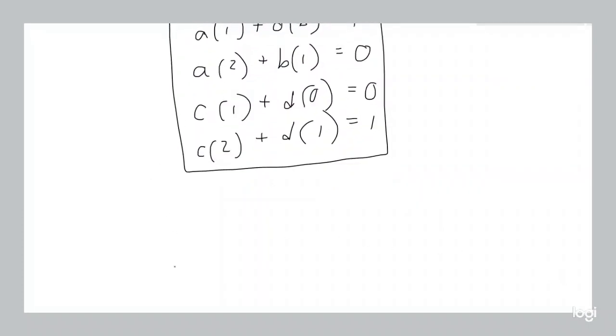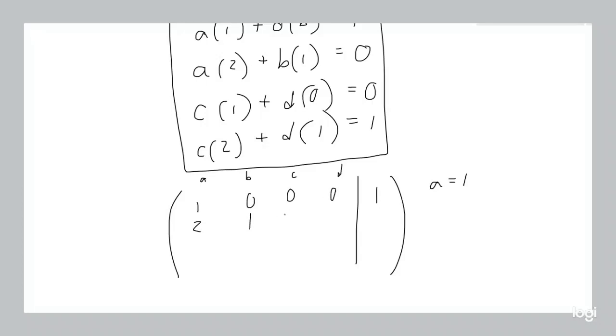Okay, so if we were to solve it right here in matrix form, let's set up a matrix. Our first row is going to be A, B, C, D, and then we have our augmented matrix here. So we have 1A equals 1. Okay, so there's our solution. We already know A equals 1. We know that 2A plus 1B gives you 0.